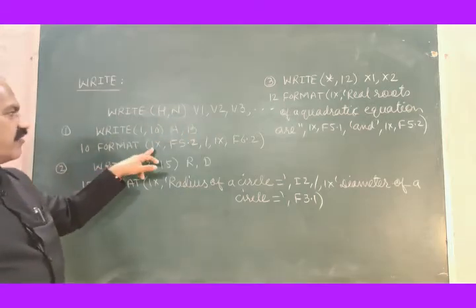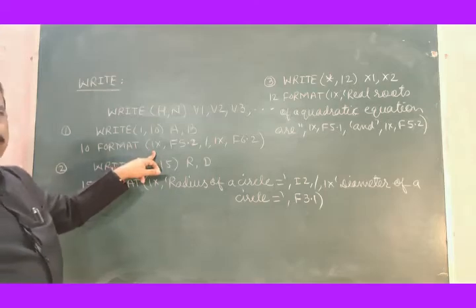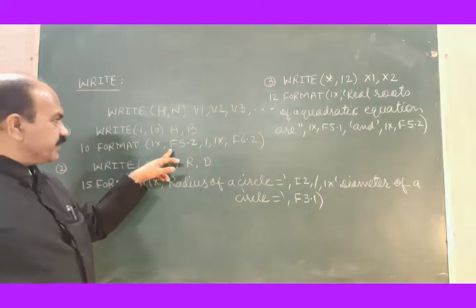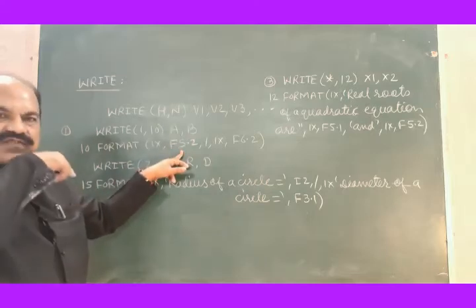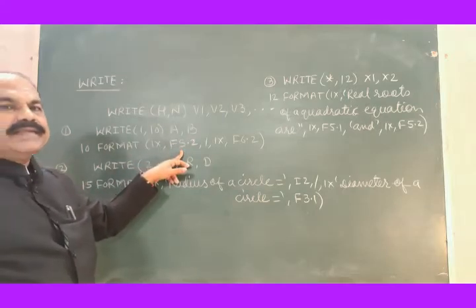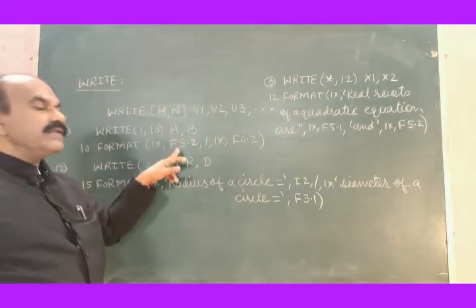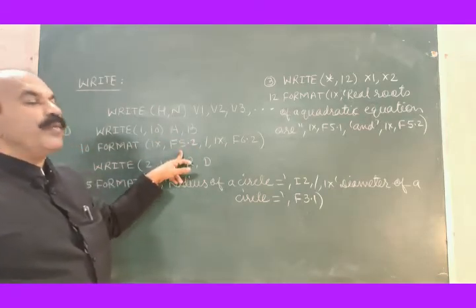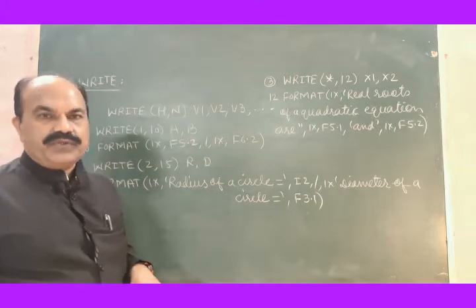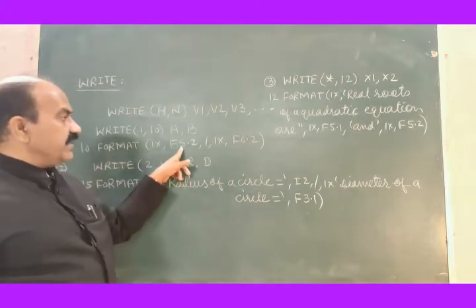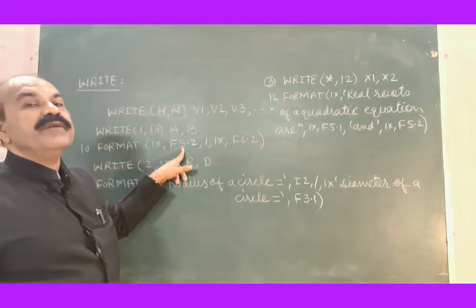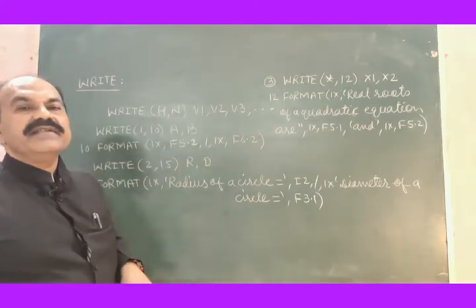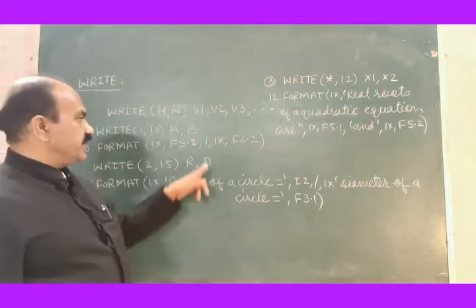Format statement 1x, first column of first line of output is skipped. A is printed in this format. It is a real constant. It will be printed in this real fractional format F5.2. Total width at the most may be 5 digits and decimal width will be 2 digits.